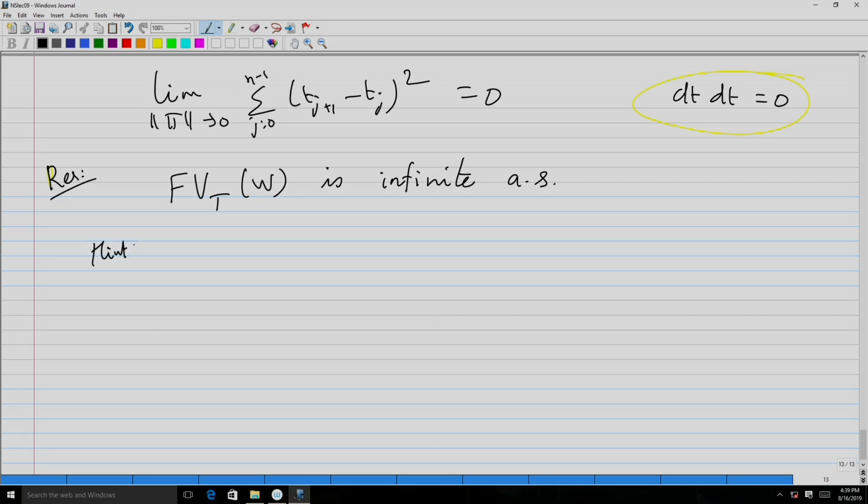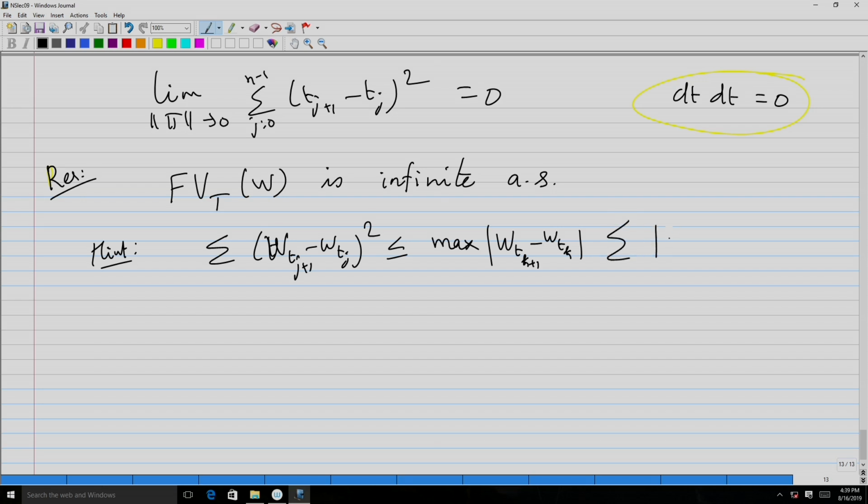The hint for that is essentially to look at the summation of (W_{t_{j+1}} − W_{t_j})², which is less than or equal to the maximum over k less than or equal to n minus 1 of |W_{t_{k+1}} − W_{t_k}| times the summation of |W_{t_{j+1}} − W_{t_j}|. So, this is the hint, and you can show that this is the case.